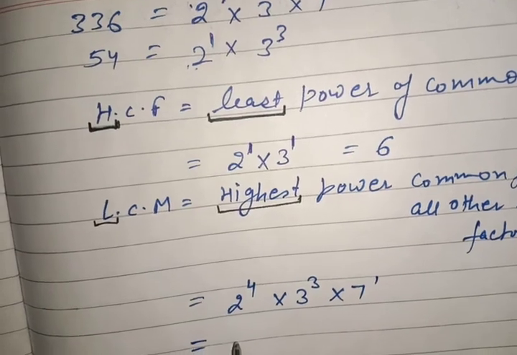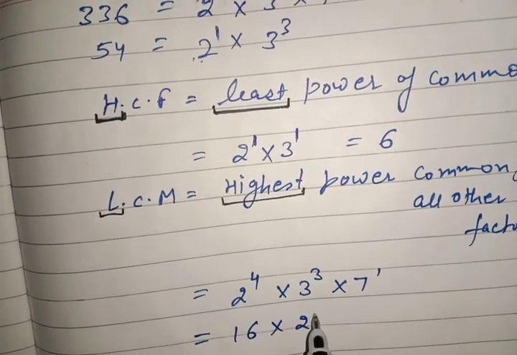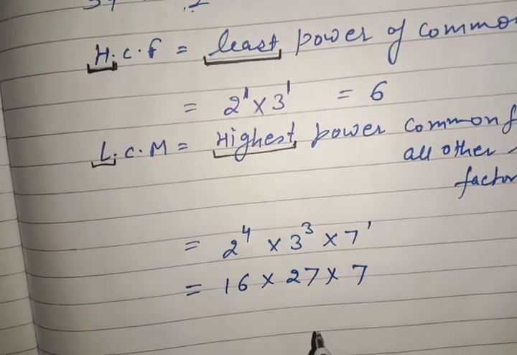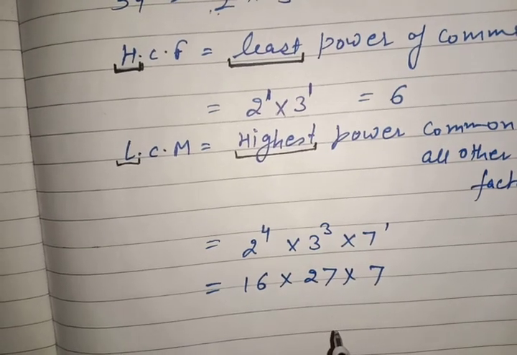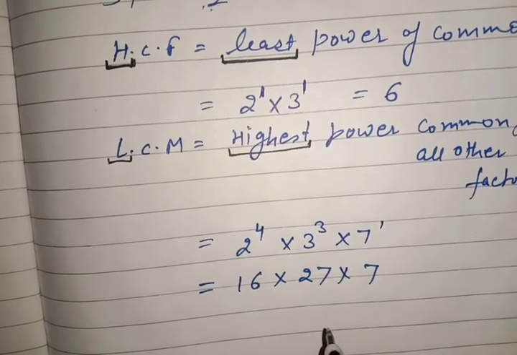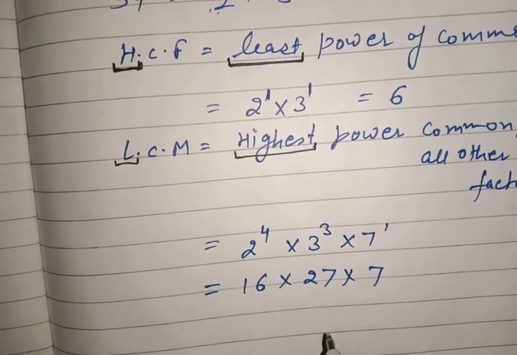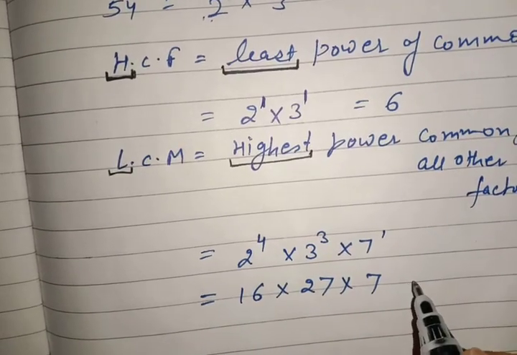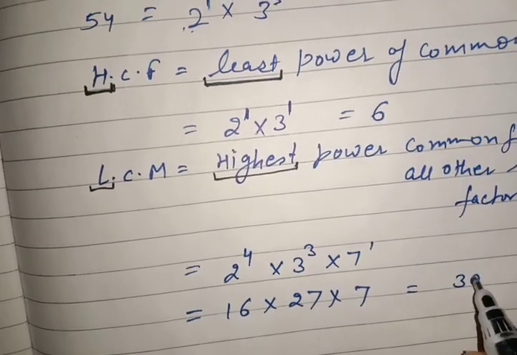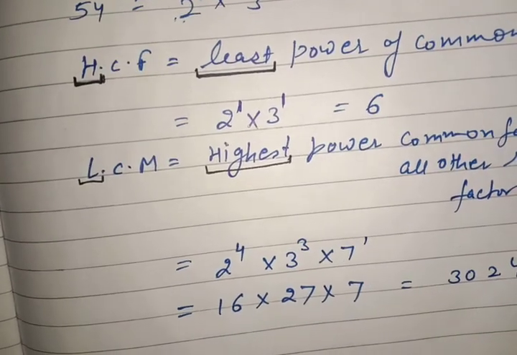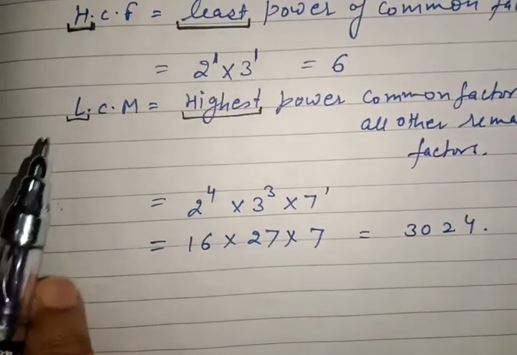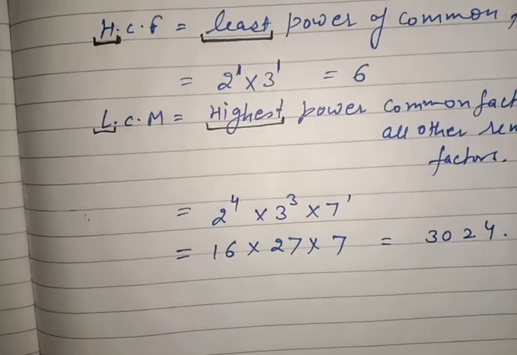So the final answer here is 2 to the power 4 into 3 cubed into 7, and you can find the LCM by multiplying these values. You will get LCM as 3024. So HCF and LCM you can find.